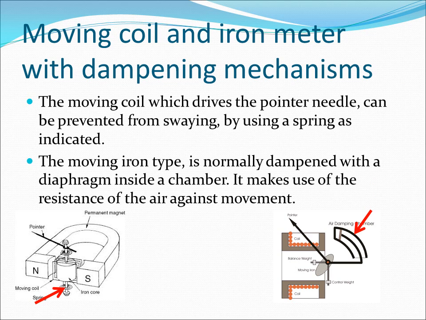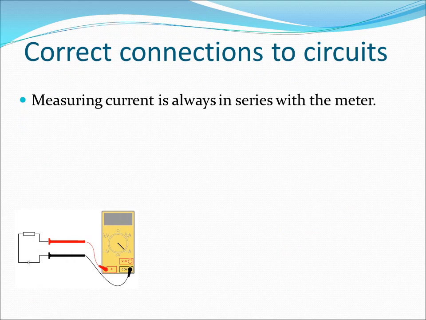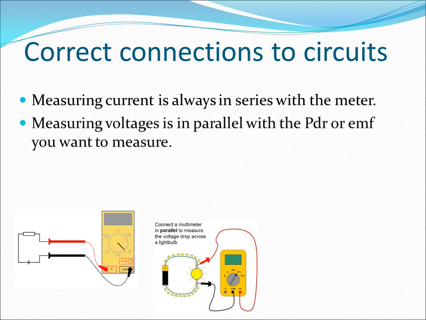Correct connections to circuits. Measuring current is always in series with the meter. As indicated, the two probes form part of the circuit. Measuring voltages is always in parallel with the potential difference or EMF you want to measure.